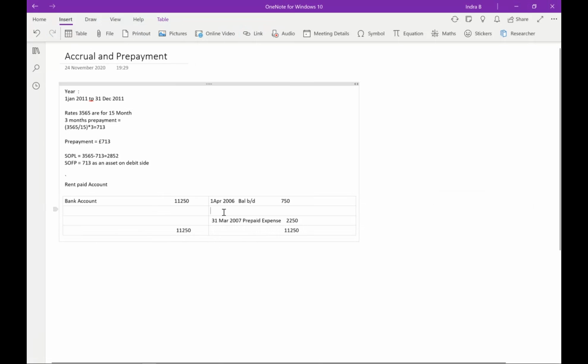Here we can say 31st March, statement of P&L account. It will show the balancing figure. How much will that be? Can you calculate how much it will come to, Sylvia? It will be 3,000. Sorry.